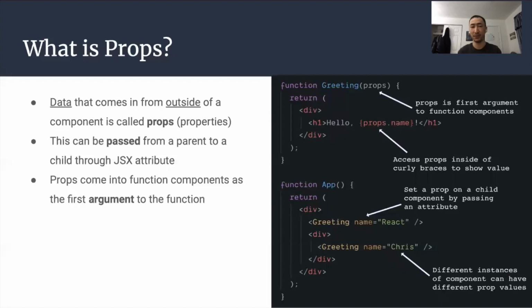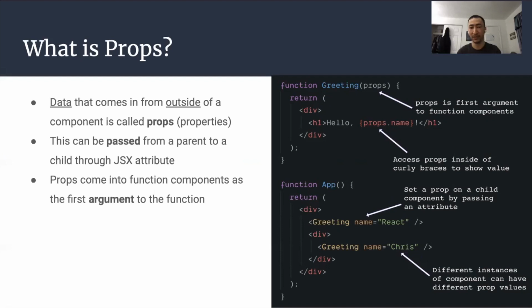Props stands for properties, and props can be passed from a parent component to a child component through the JSX attribute, which is similar to an HTML attribute. Props come into function components as the first argument to the function, so you can access all the props that are passed in using the props argument.